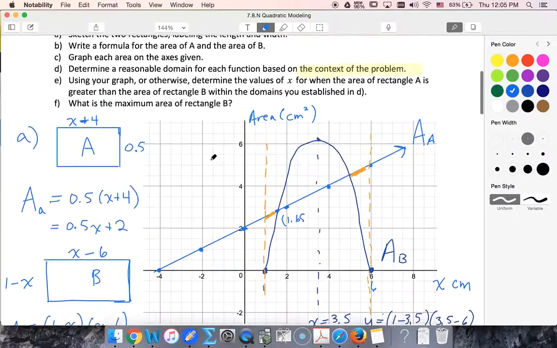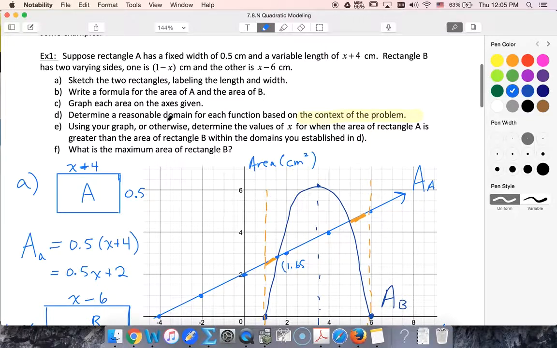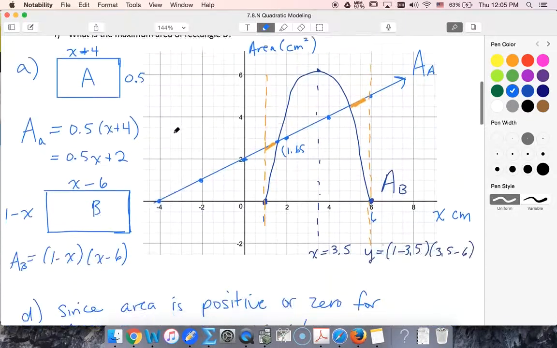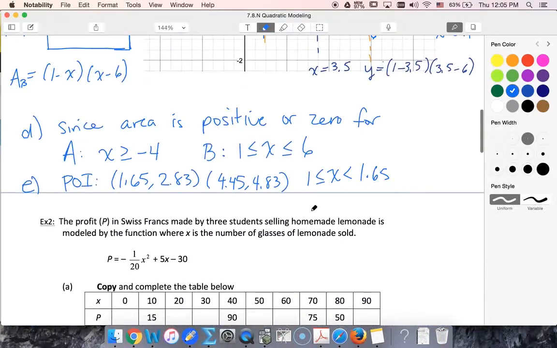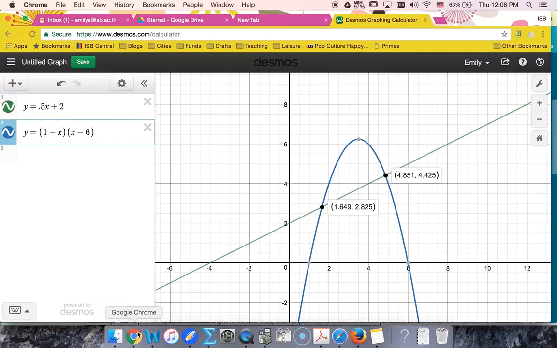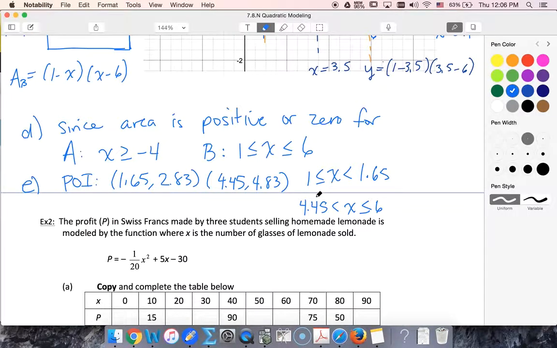It said to determine the values of x when the area of rectangle A is greater than B. So the second region is going to start at 4.85, less than x, I'm not including it because that's where they're equal, up until 6, because at 6 the area of A is greater than B.